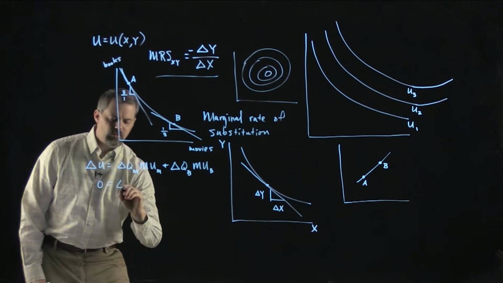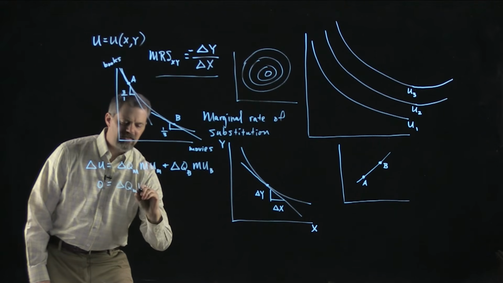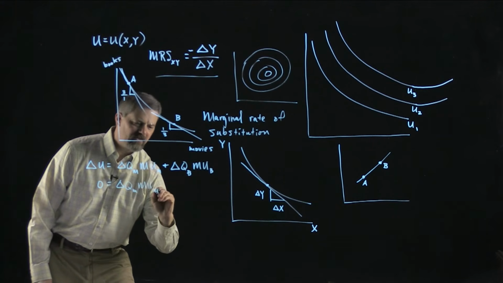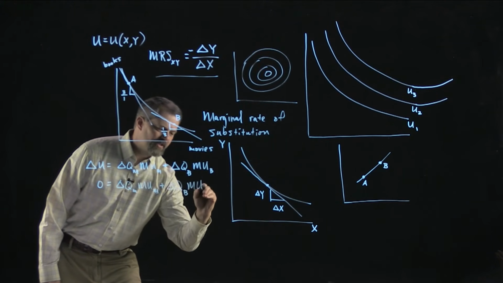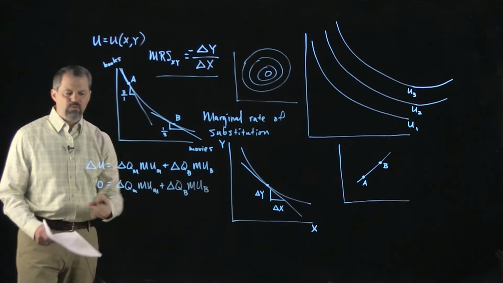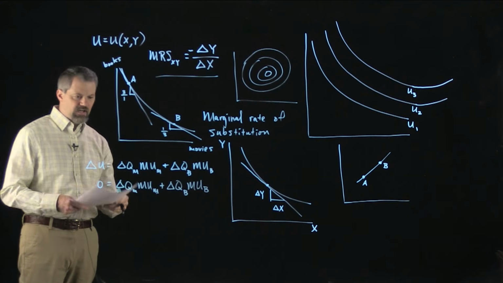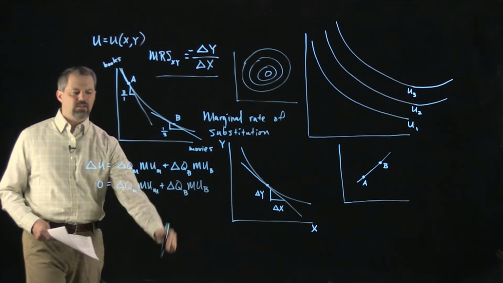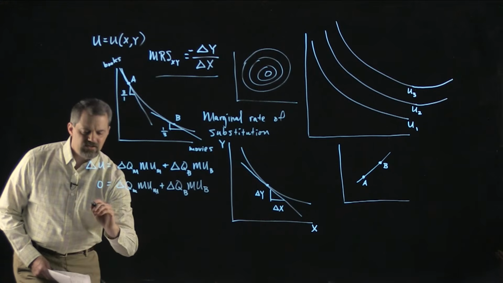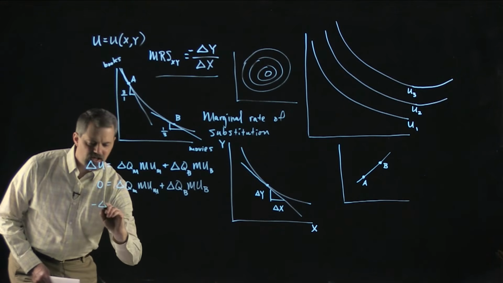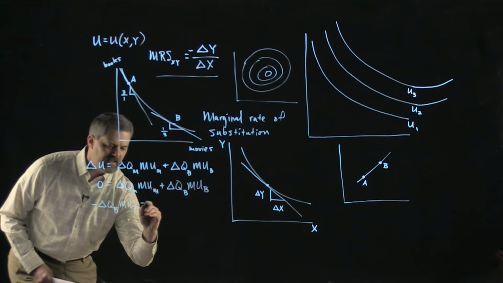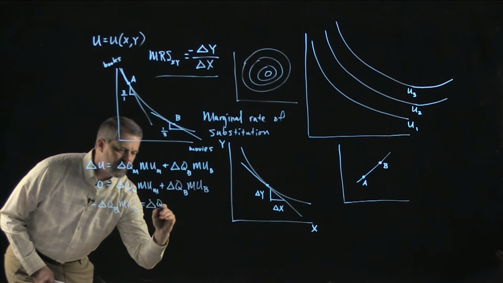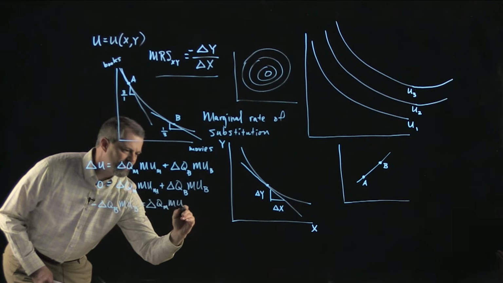So 0 equals the change in quantity of movies times the marginal utility of movies, plus a change in the quantity of books times the marginal utility of books. Let's move this term to the other side. So we get negative change in the quantity of books times the marginal utility of books is equal to the change in the quantity of movies times the marginal utility of movies.